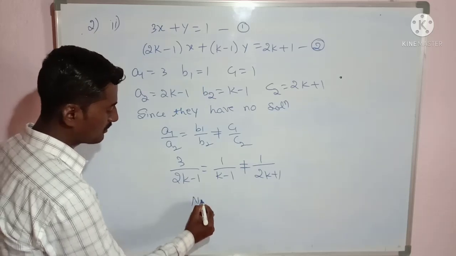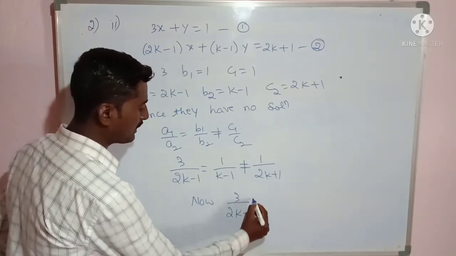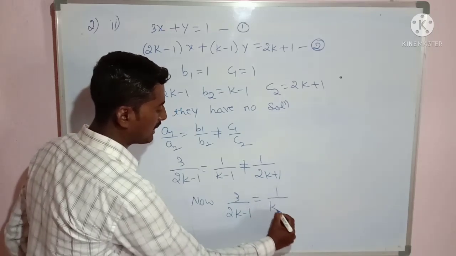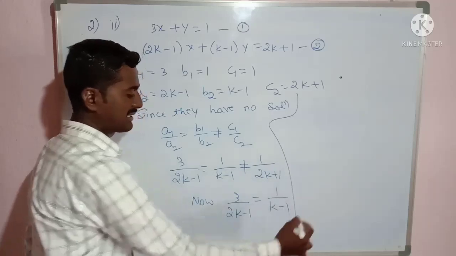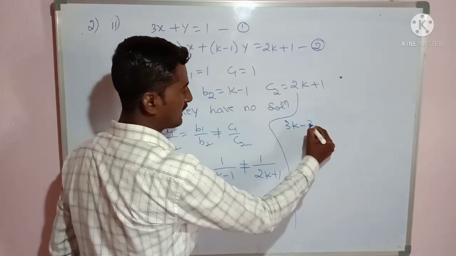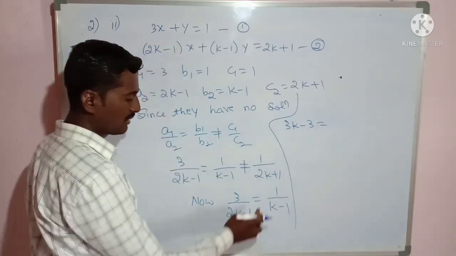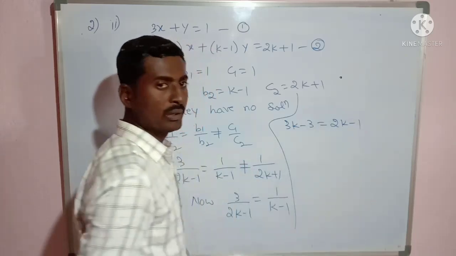So now 3 divided by 2k minus 1 is equal to 1 divided by k minus 1. Now by cross multiplication, 3k minus 3 is equal to 1 into 2k minus 1.